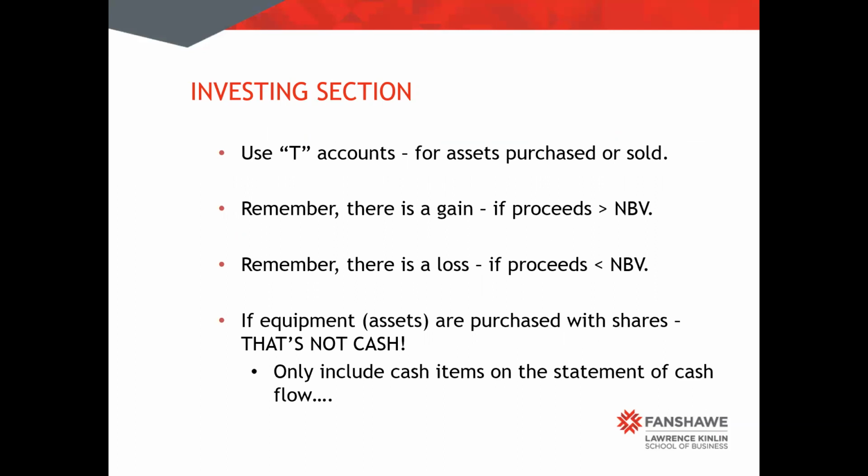So if there's a gain, it's because proceeds were greater than net book value. So on your cash flow statement, the cash proceeds will be exactly that. So it'll be the net book value removed plus that gain, or minus that loss, would be your cash proceeds. And remember, if you buy assets with shares, it's not cash. Okay, so you would not include any assets that are traded for shares.